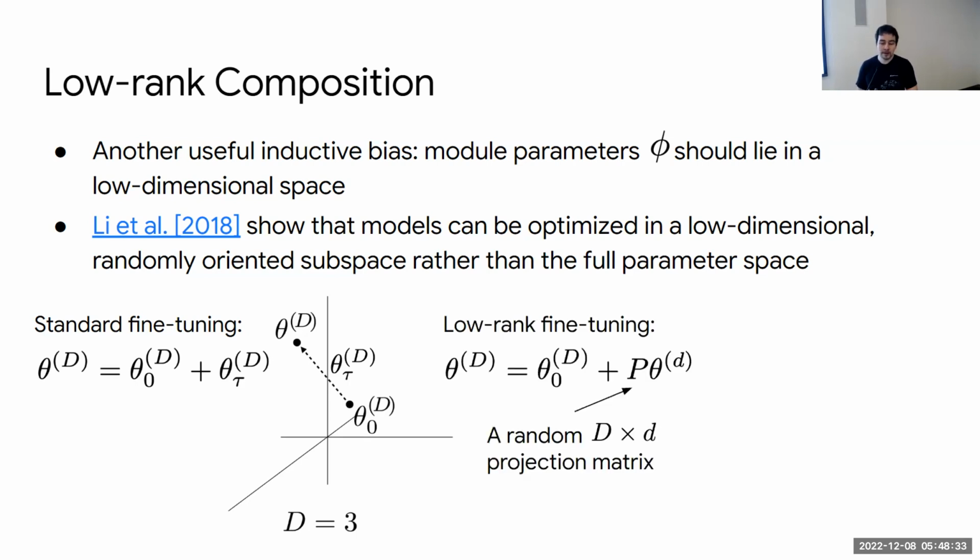Now, in this low-rank optimization, we have a similar formulation, but instead of having the update vector be the same dimensionality as our original parameters, so having the same dimensionality D here, we have a low rank update, a smaller dimensional update that we learn, where the small d is a lot smaller than the large D. And we have an additional projection matrix that projects from the full parameter space into our low dimensional space, which is random because we're using a randomly oriented subspace that we're learning.